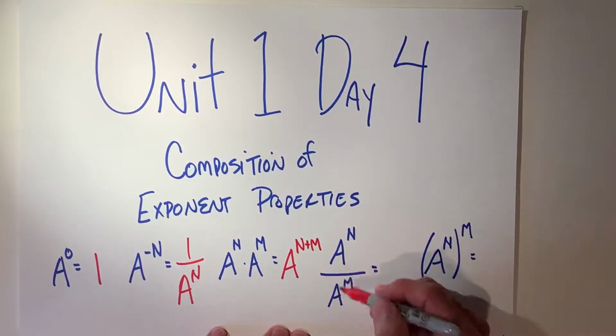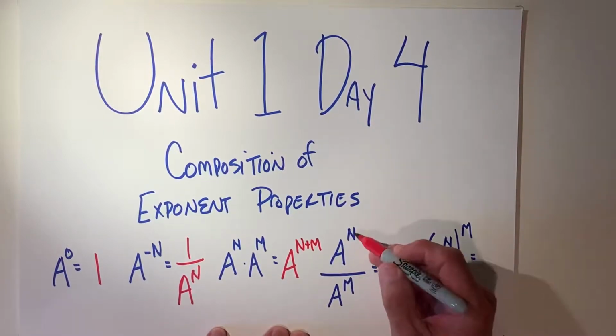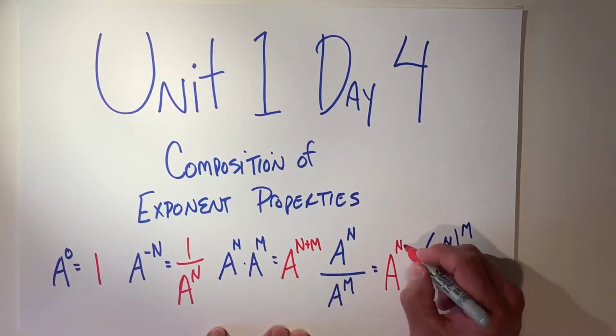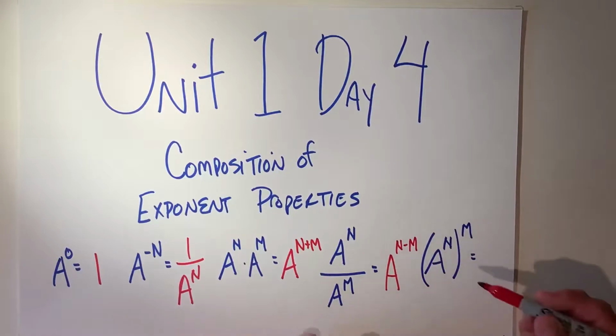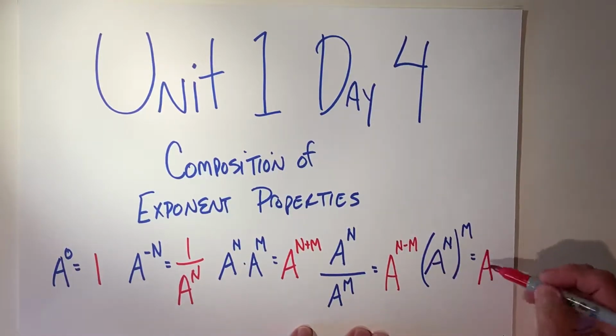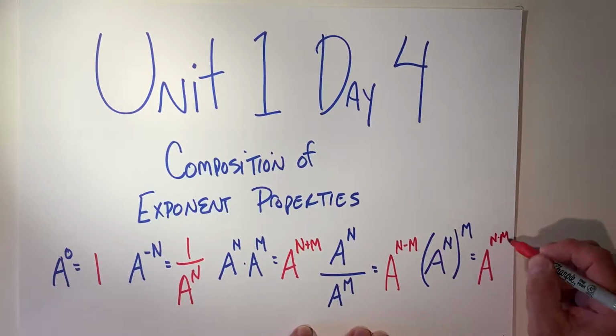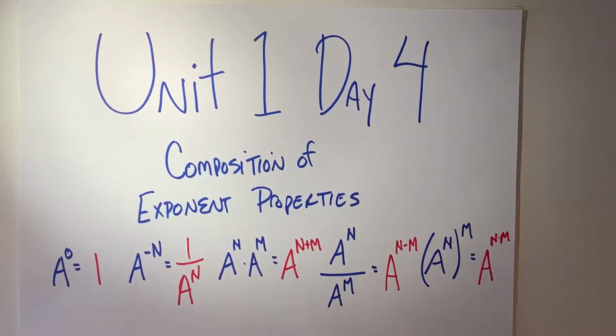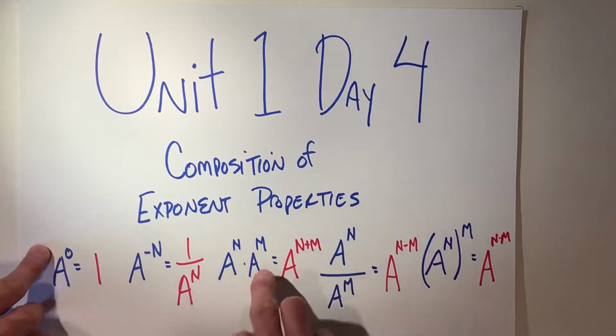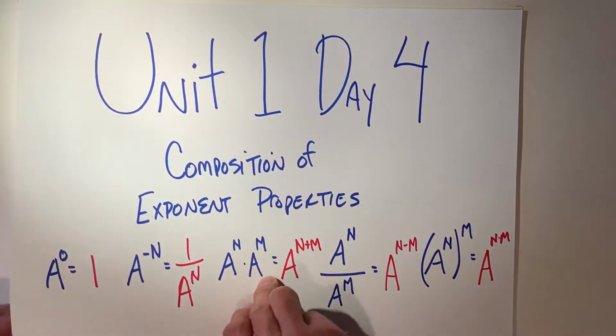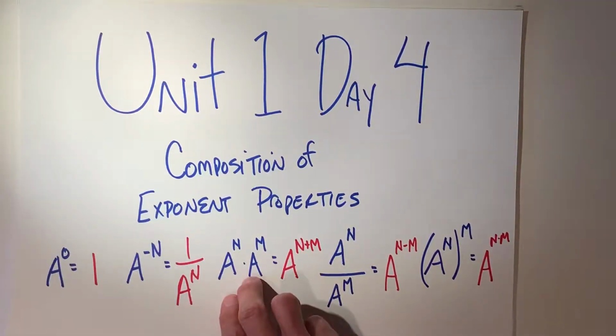When I'm dividing, same base, I have the top minus the bottom exponents. And if I have a base of A with powers, then I multiply. Those are the 5 rules that we're living with. And we're really just combining them together and making more and more complex questions as we go.